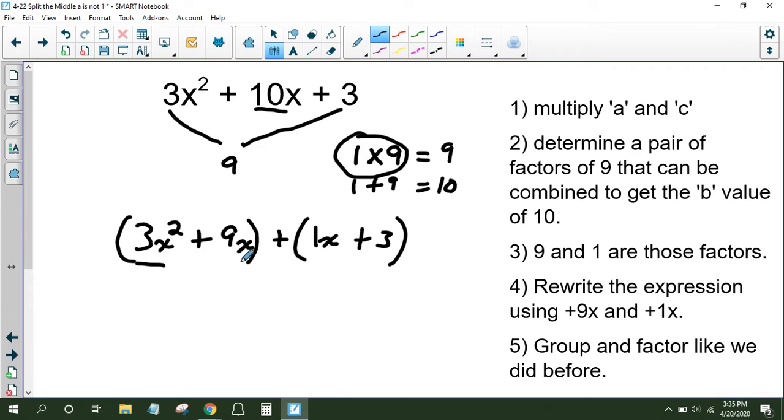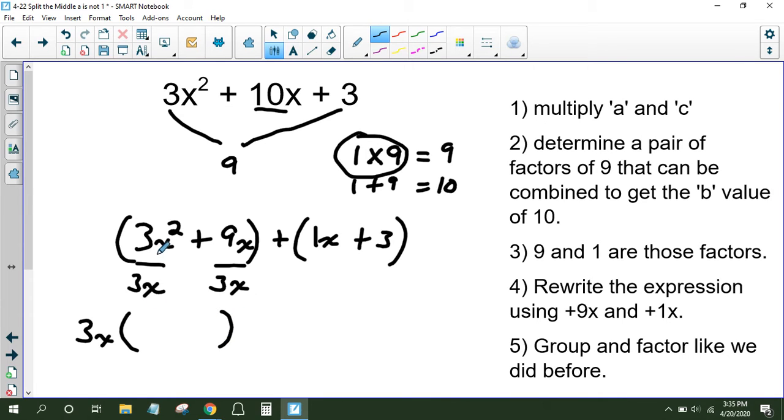So what can we divide each of these terms by? We can divide the coefficients by 3, and we can divide the variables by x. So we're dividing each of them by 3x. All right, so we pull out our 3x, that's our GCF.